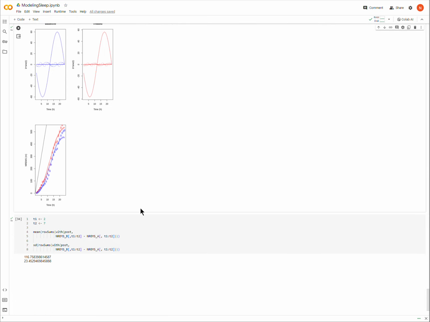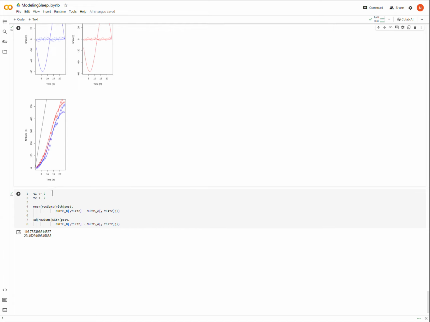One more thing, and then that will be a wrap until the next topic. But we can also find what the average difference in sleep is from any two time points, right? So if I want to take hour 7 and hour 2, okay, so roughly from here to here, and I want to see how much more group 2 slept than group 1, I can use this bit of code here, and I'll get the average difference as well as the standard deviation of that difference, okay?